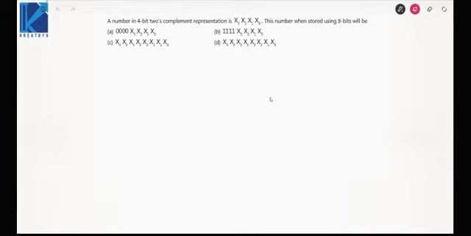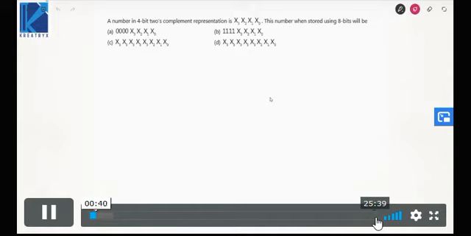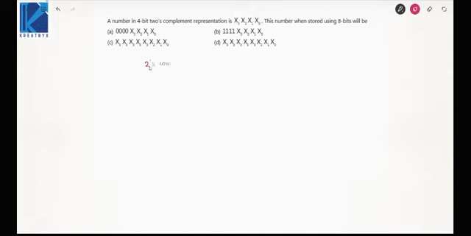It says a number in 4-bit 2's complement representation is x3, x2, x1, x0. What will be the number when stored using 8-bit? In 2's complement, 1's complement and sign magnitude, in all these forms, the same thing happens: the MSB represents the sign bit.